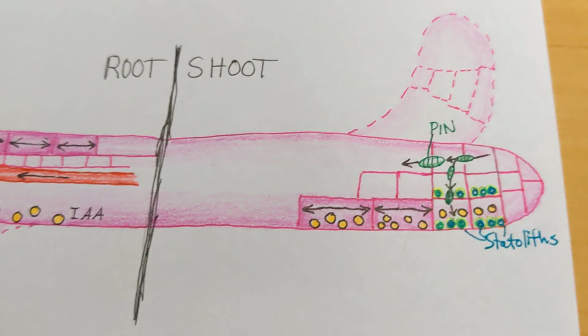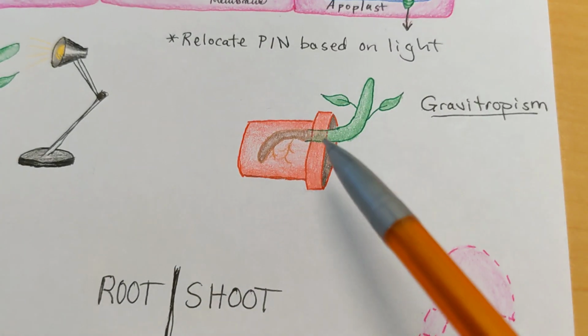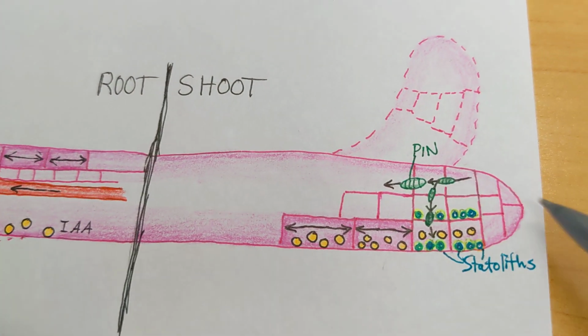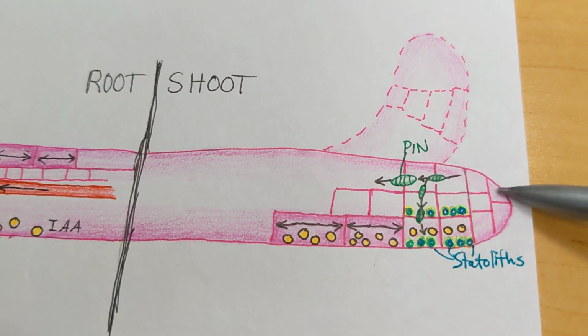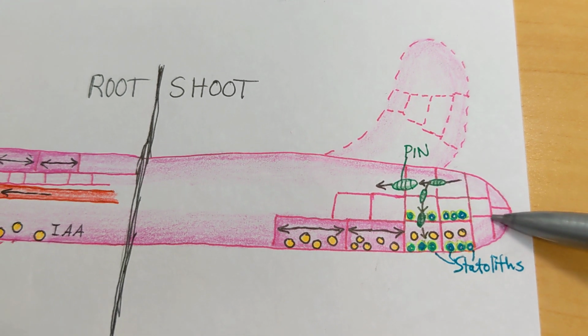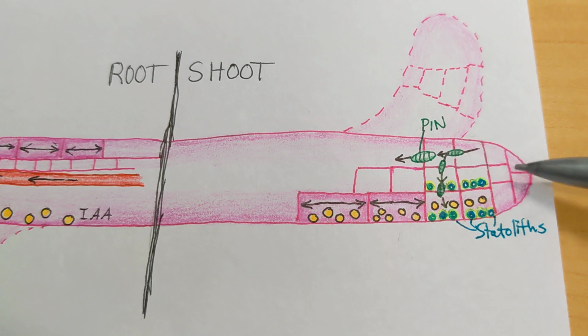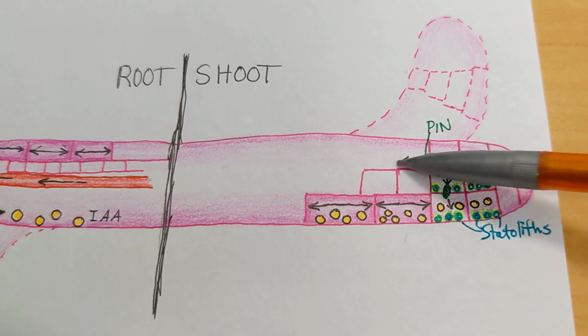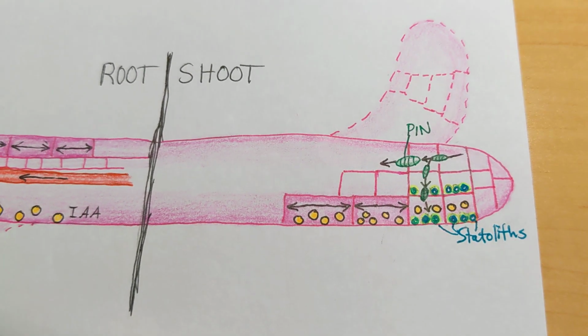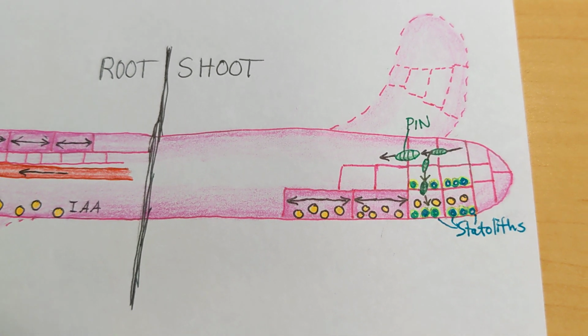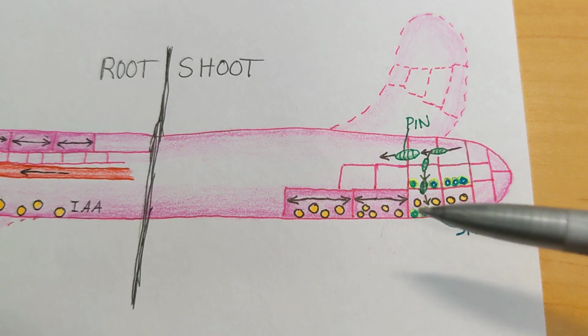Okay. In the shoot, so again, this is in the stem of the plant, not in the root. Here we have auxin being synthesized in the apical meristem of the shoot, just like we talked about in phototropism. Usually, as we know, auxin is going to descend down the stem via these transport mechanisms as well as the vascular system.